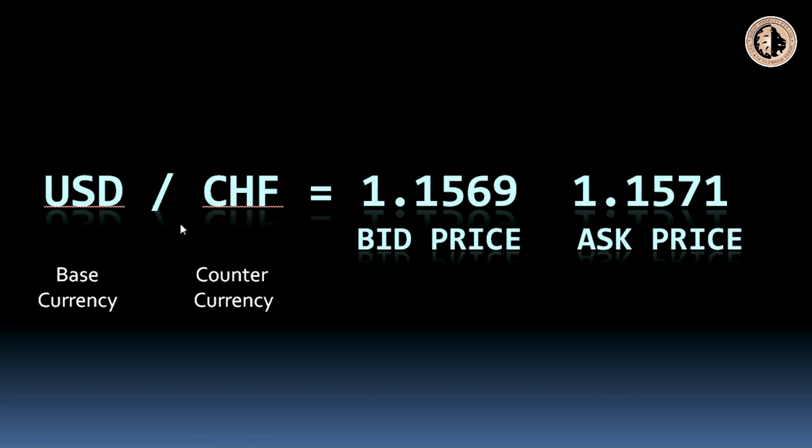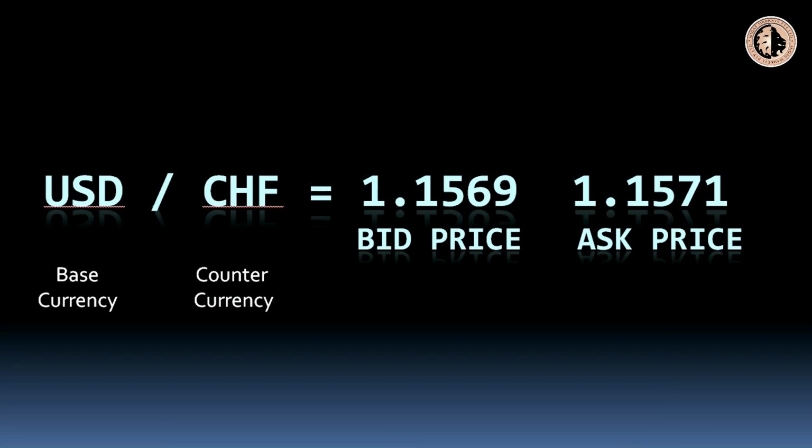The US dollar will be the base currency, whereas the Swiss franc will be the counter currency. And this is always the way it will be presented in the FX market. So you've got dollar Swiss, and then two prices: the base currency, counter currency, the bid price, and then the ask price.